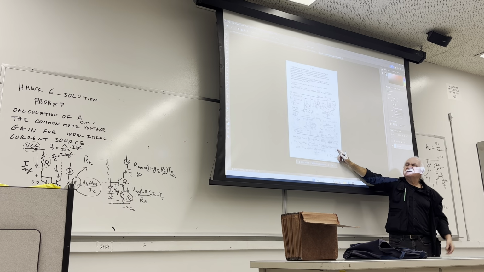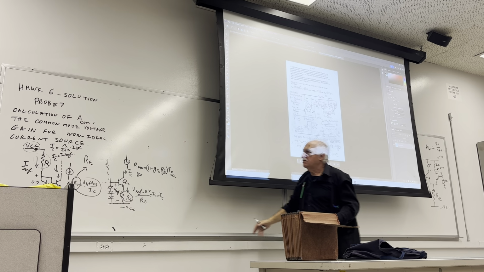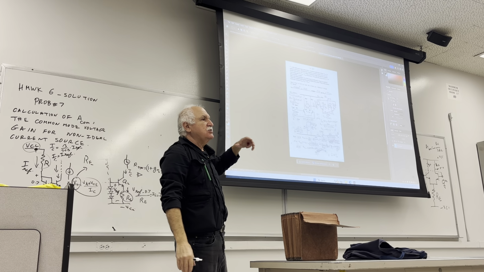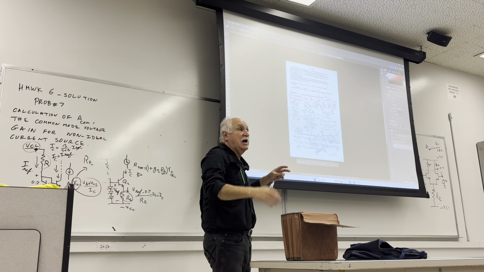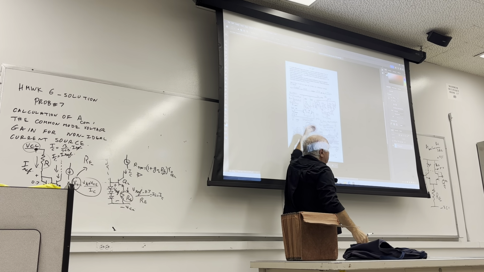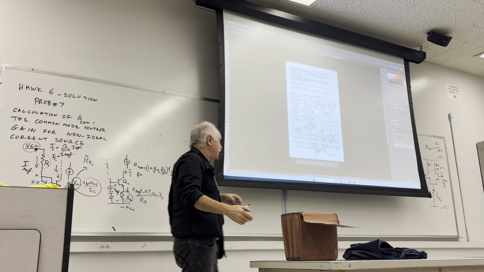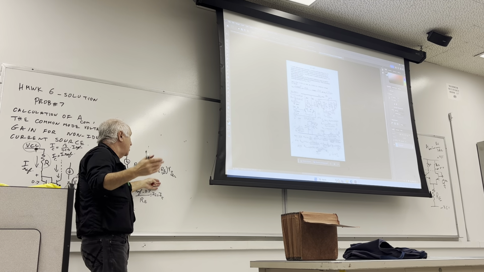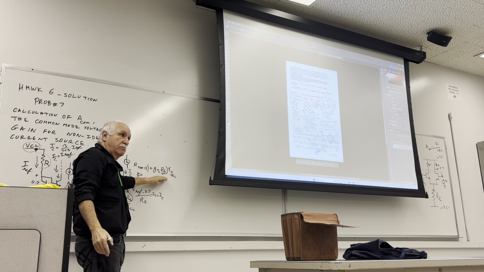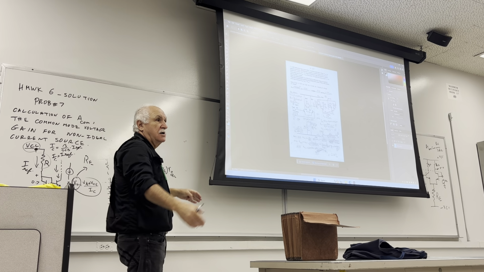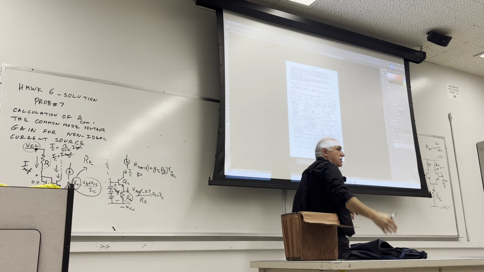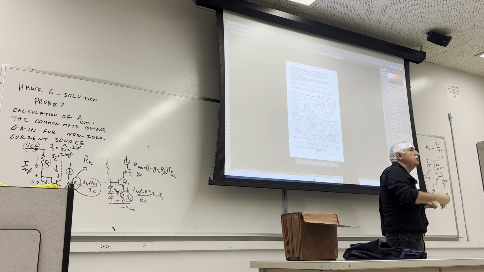So if RE was like 100K, like that one, this would be beta times 100K, like 10 mega at the least, very high input impedance. Or if it was the modified one, it would be 10 mega multiplied by another multiplier, like 100 or 50, or like 500 mega ohm common mode input impedance.